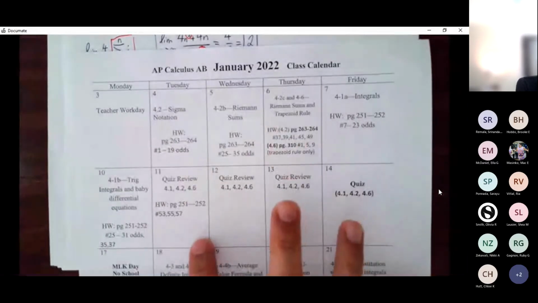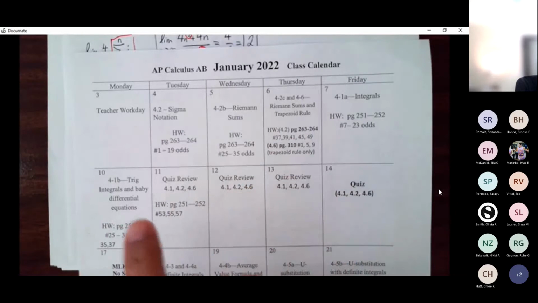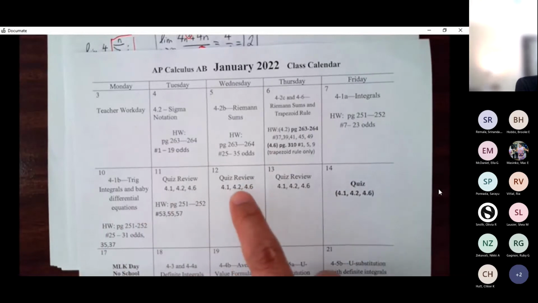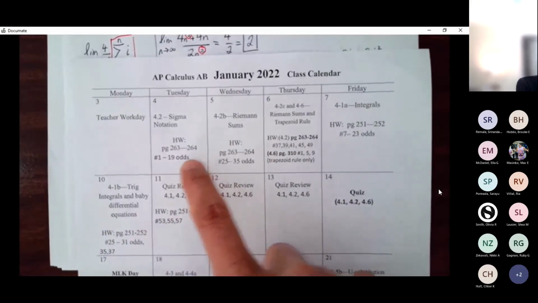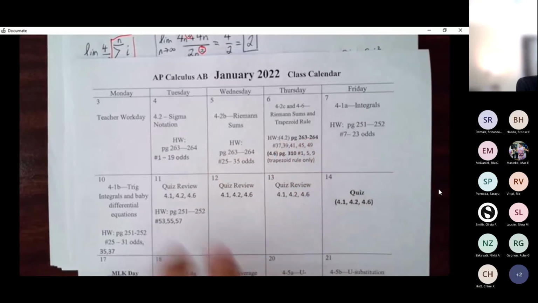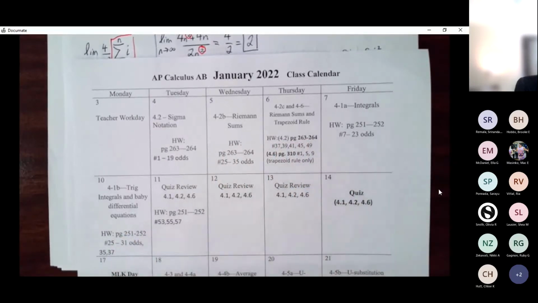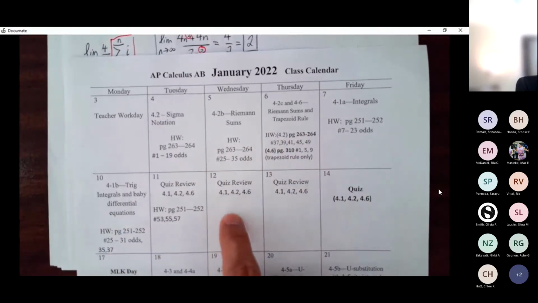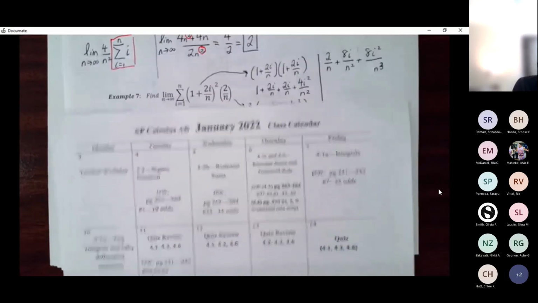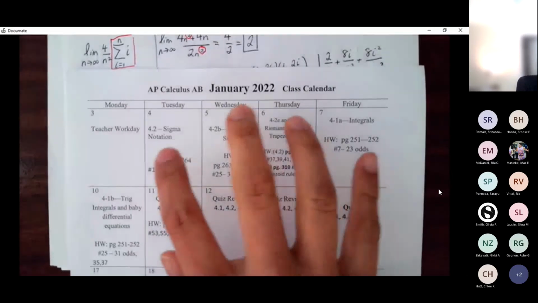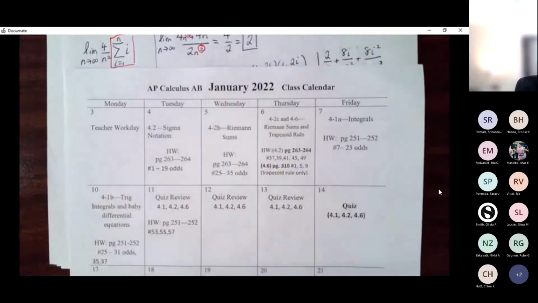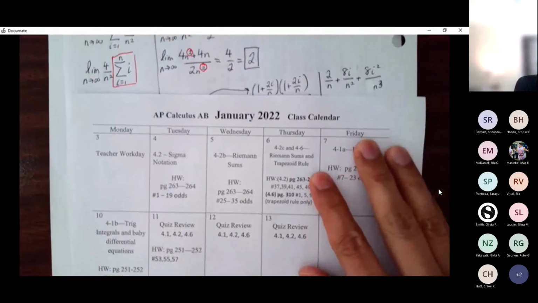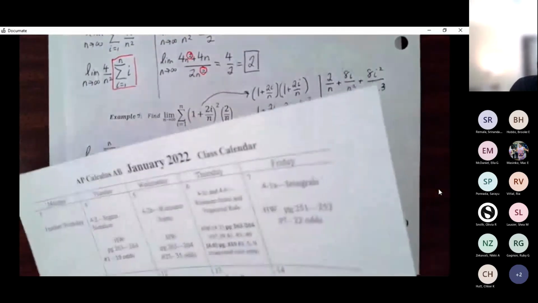I'm not going to check any homework this week, but next week when you guys are back, I'll check homework on Wednesday. But it'd be good if you just keep up with the homework. That way you can show it all to me when I come around and check your homework on Wednesday. Okay, and the calendar is on my website as well. So everything is on that page for this unit.